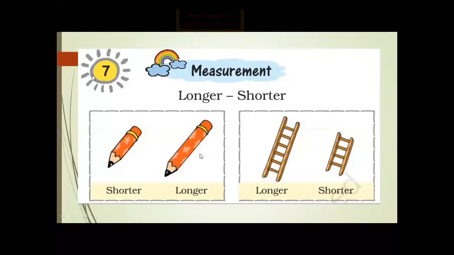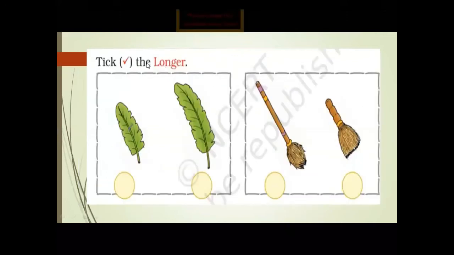Now take the longer object. We see here two leaves. We use the terms longer and shorter when we compare two things.